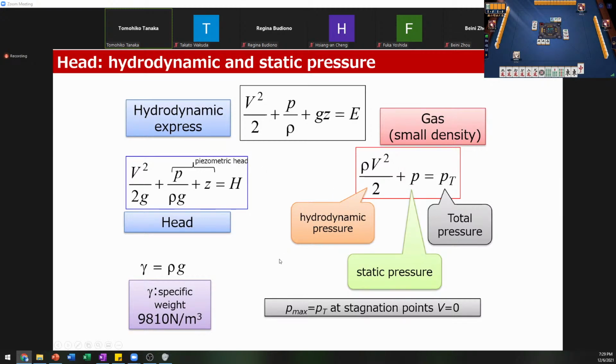And you can also use the hydrodynamic pressure, rho times V squared over 2 plus P, which is the static pressure, giving the total pressure.